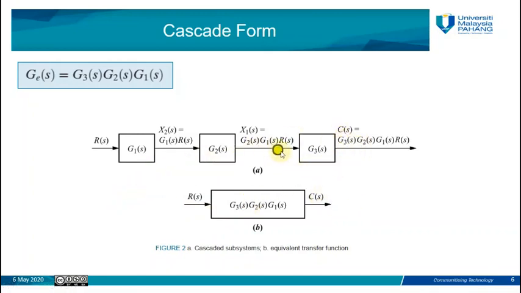So this system, which consists of three transfer functions, is simplified into this single block, which consists of one transfer function only, which is G3, G2, and G1. So this is for the cascade form. In the future, if you have any cascade form in your complicated system, you need to merge these subsystems into one single block or one single transfer function.